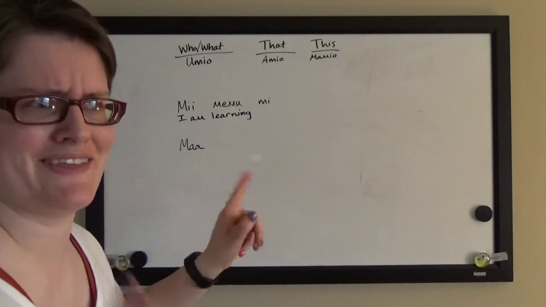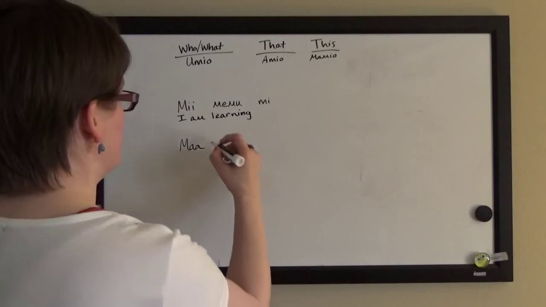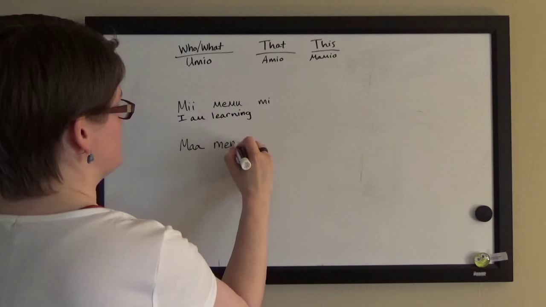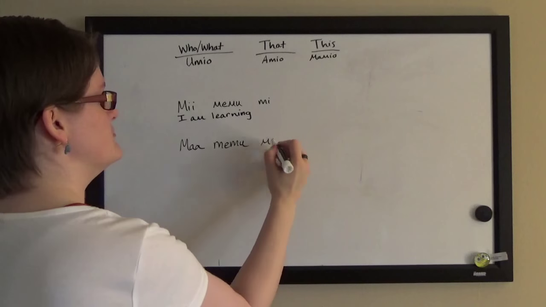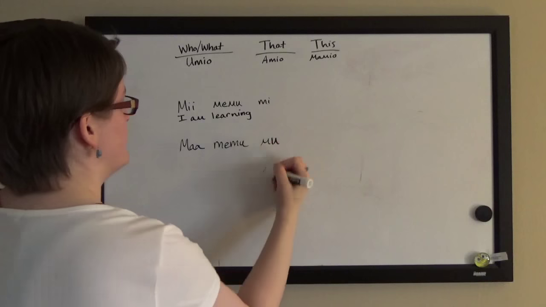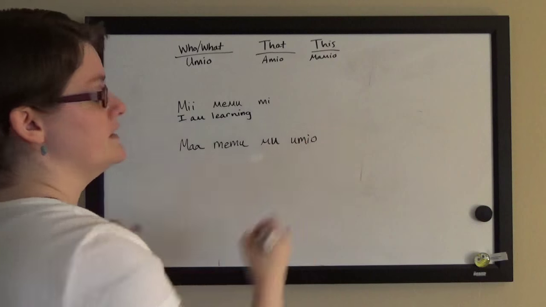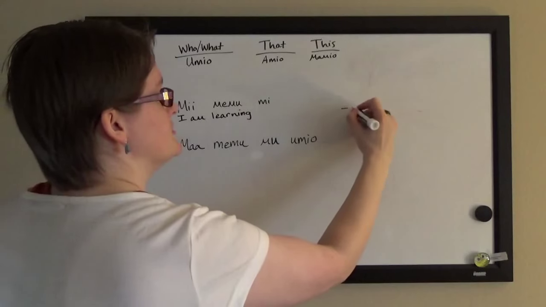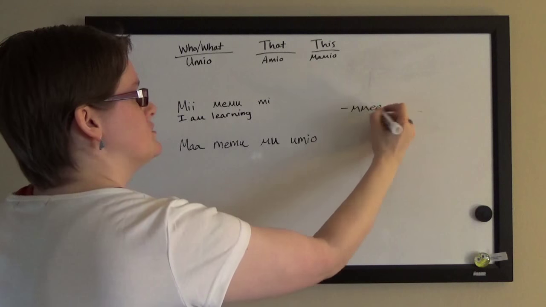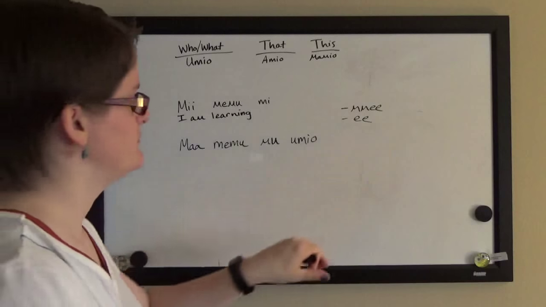We're not saying this is that. We're saying what are you learning? So what is the object? You're learning something. Well, this would be mu because you're asking you. What are you learning? So what? Umio. And remember the object marker is me, or just e.